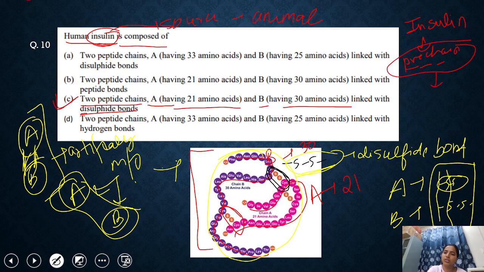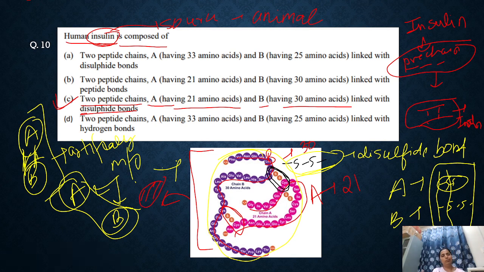From this, the two chain structure is formed, which is the final insulin that is produced in the body. So if they ask for the precursor of this structure, then that is usually made up of three chains. So for this question, the answer is C.